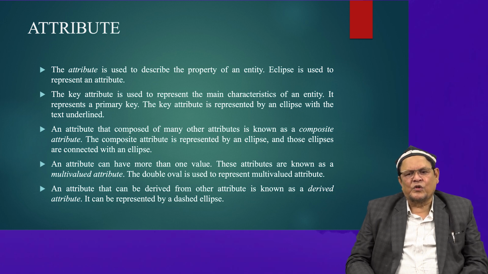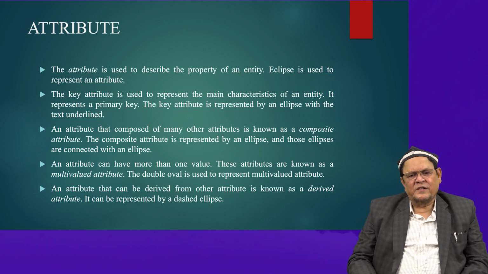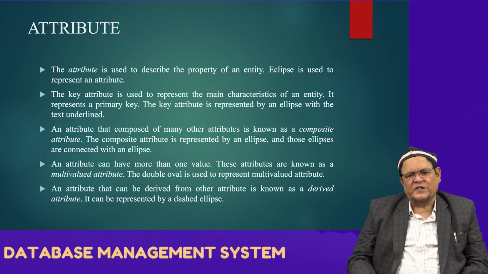An ellipse is used to represent an attribute, showing the main characteristics of an entity. The key attribute represents a primary key, and it is represented by an oval with underlined text.